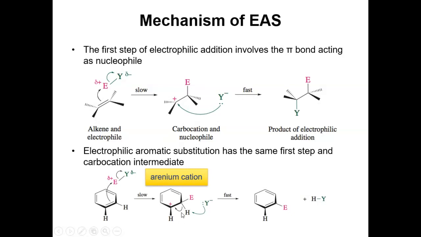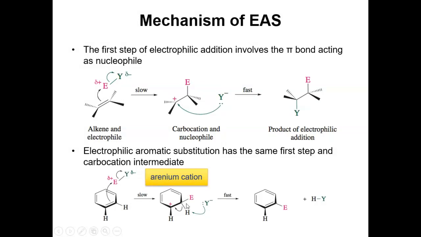If you analyze the energetics, this step has to be a highly endothermic step. Why? Because you are breaking a pi bond, you are breaking a sigma bond between the electrophilic part and the nucleophilic part, and you are only forming one bond.